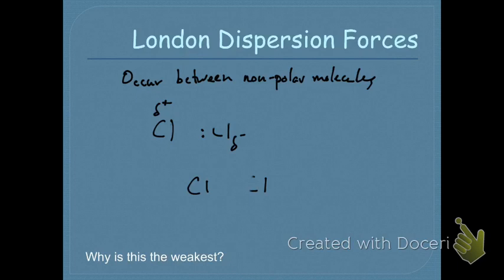Remember, this only happens for a moment. Then let's say randomly, the electrons in the other molecule move over here just for a moment. Now this becomes slightly negative and this becomes slightly positive. There will be a slight attraction between this negative and this positive for this moment.